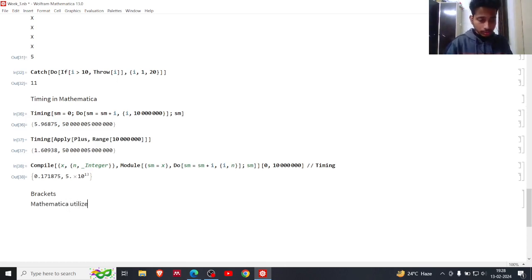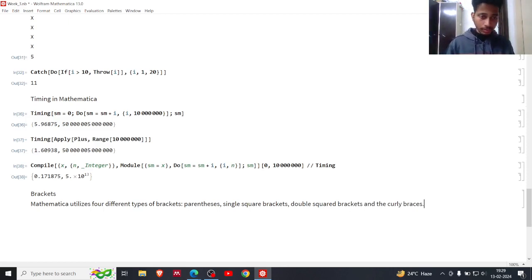Mathematica utilizes four different types of brackets: parentheses, single square brackets, double square brackets, and the curly braces.